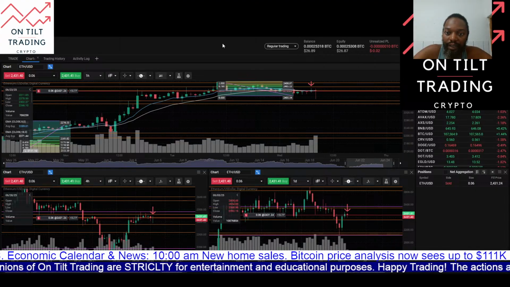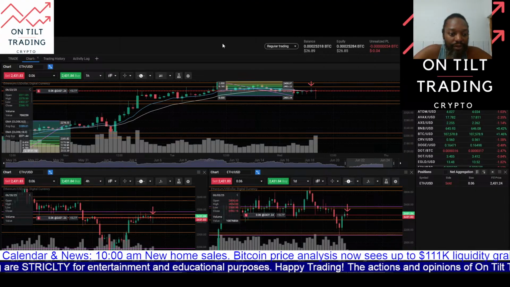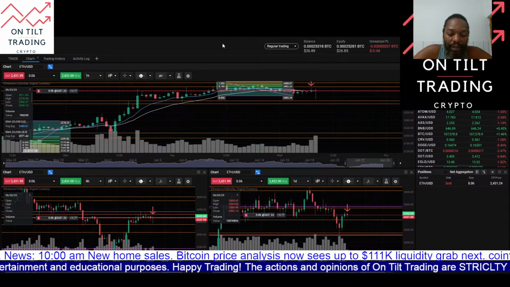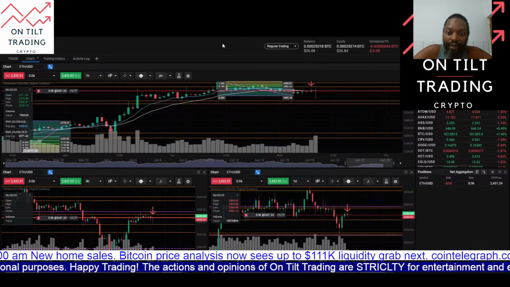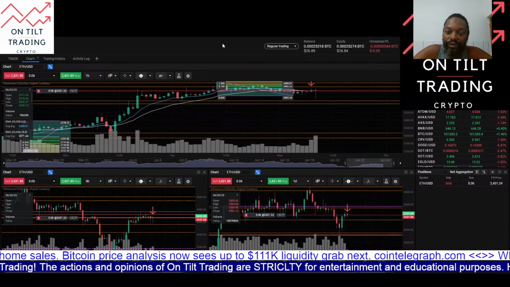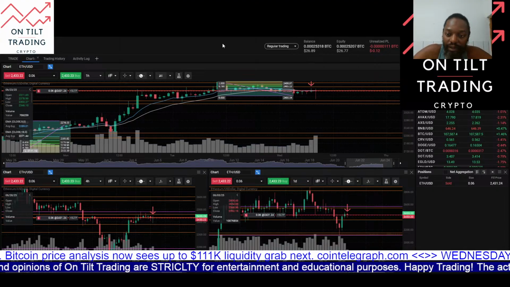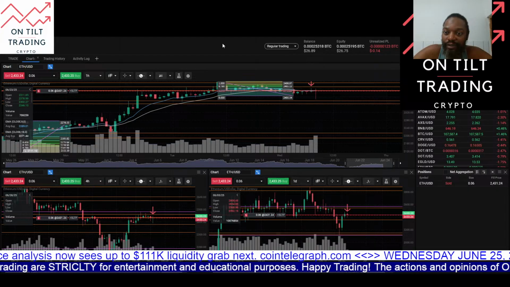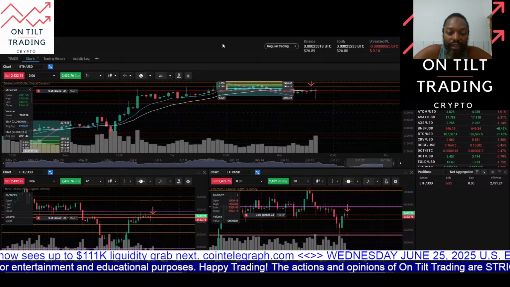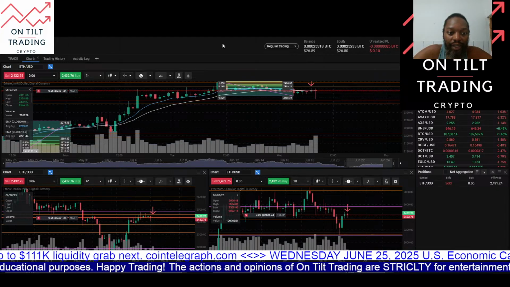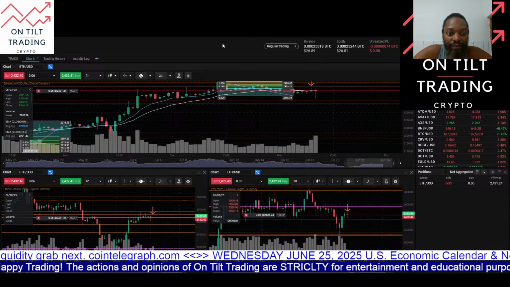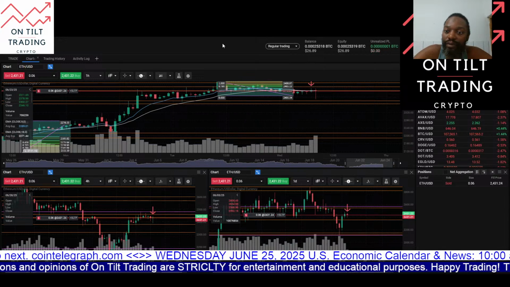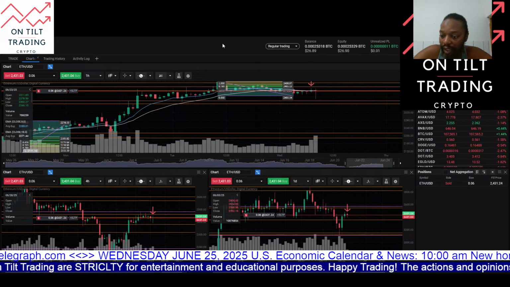Potentially later here in the New York session, perhaps price action will choose a direction and stick to a direction. Right now, showing a lot of consolidation that is continuing from Monday afternoon here into Wednesday morning.